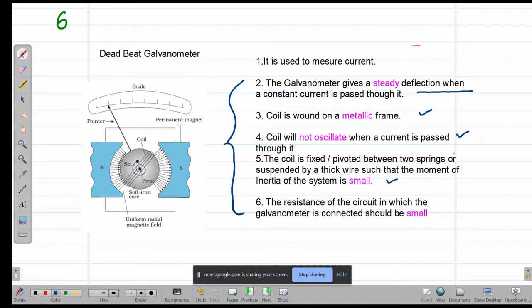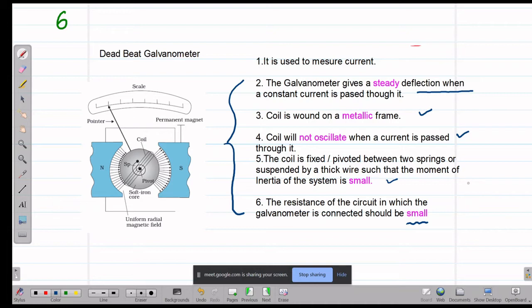Finally, one more condition required for a deadbeat galvanometer is that when you use this galvanometer in a circuit, there will be the resistance of the coil itself as well as the resistance of the circuit. The total resistance of the circuit in which the galvanometer is connected must generally be small in the case of a deadbeat galvanometer.